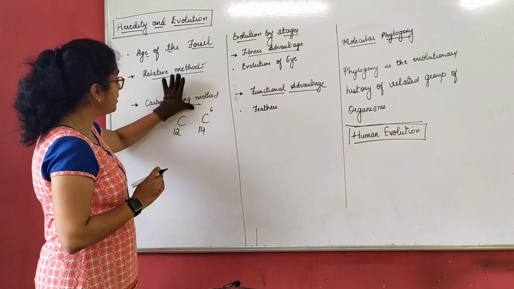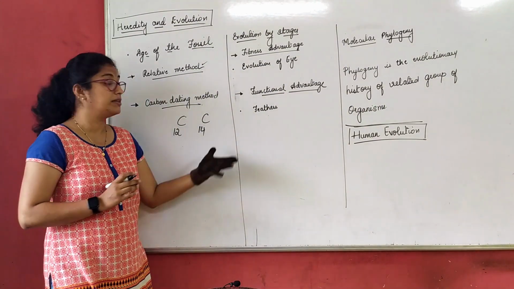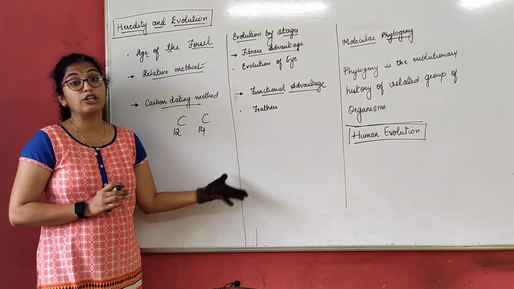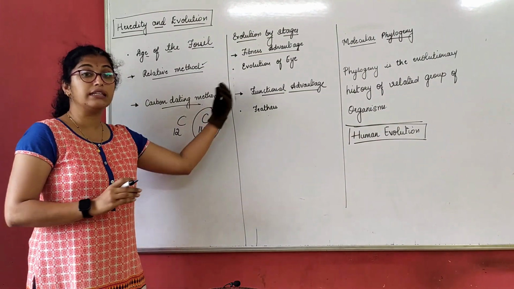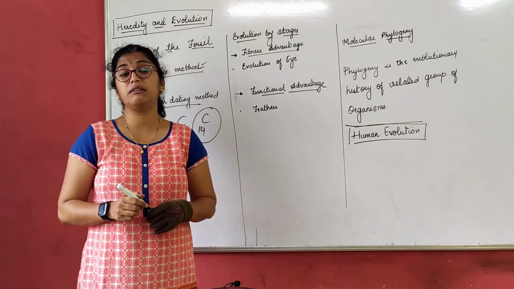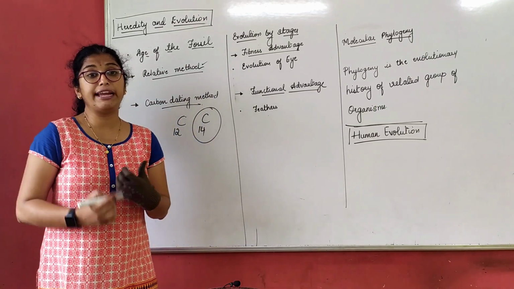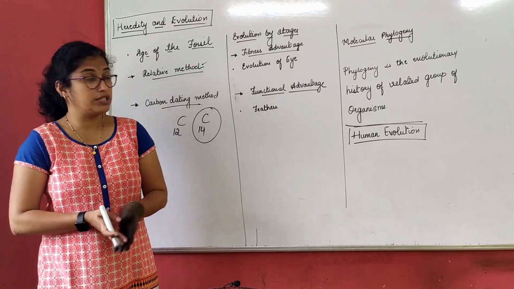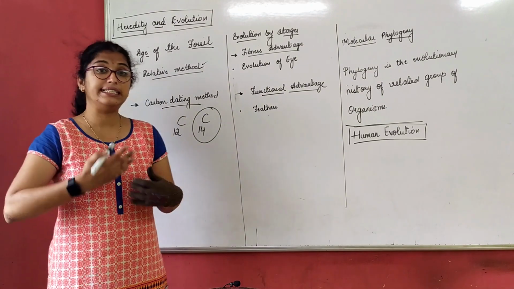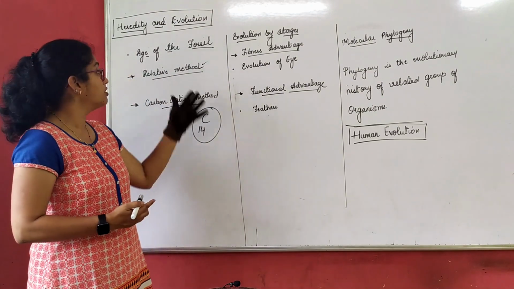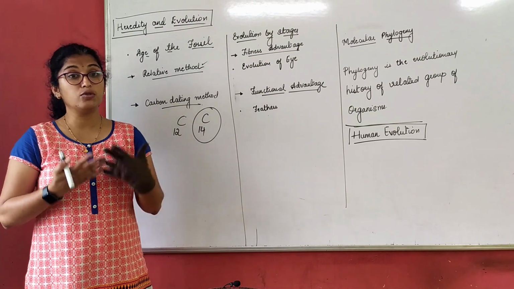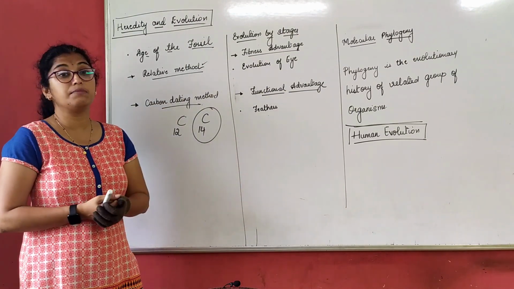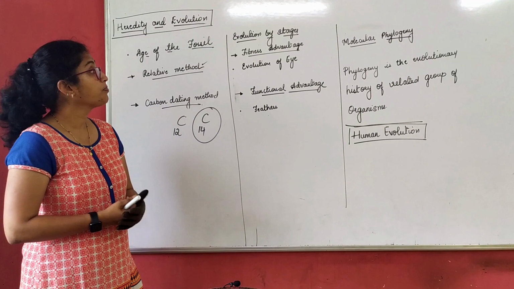Carbon 14 isotope is used in carbon dating, which is used to estimate or find the age of the fossils. We will not go much in depth about carbon dating nor about the relative method, but let us only understand these are the two methods by which we can estimate the age of the fossils.